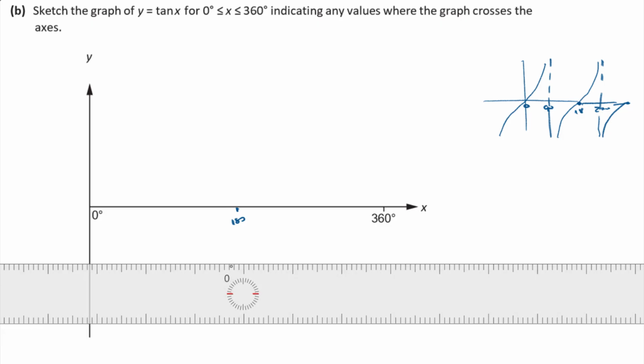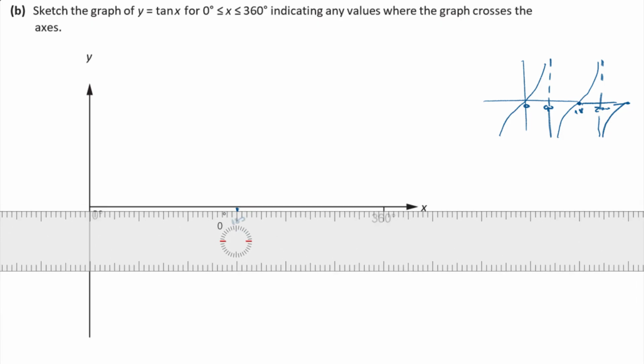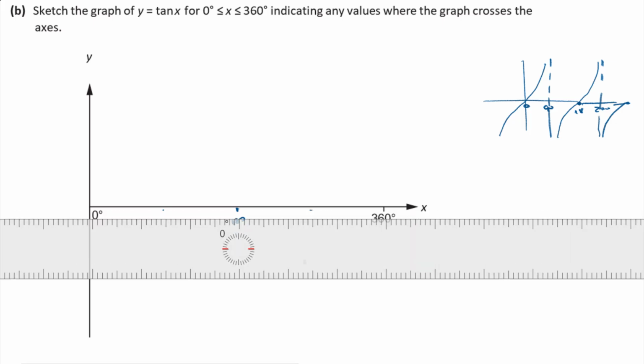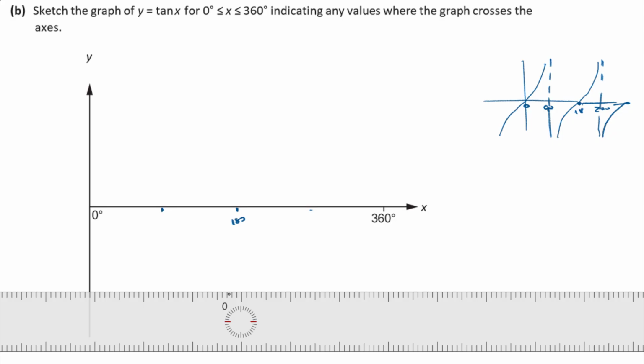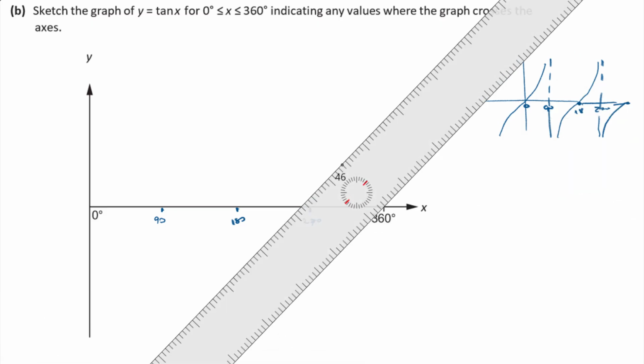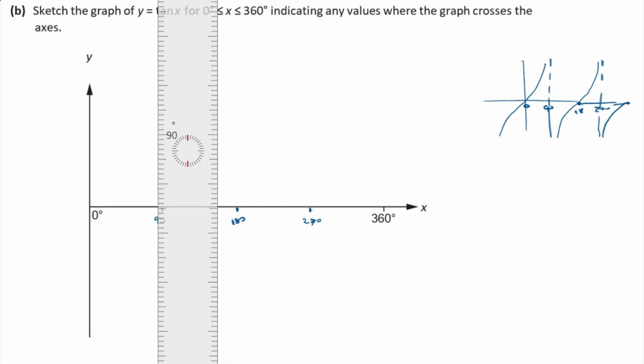And then 270 is going to be like half of that. So there and there. My ruler kind of interferes with me drawing marks. So anyway, it should be like there and there. Okay, so that's my 90 and 270. Now you don't really need numbers on a sketch, but I'm just going to put them in there because I want some guidelines when I'm drawing this.